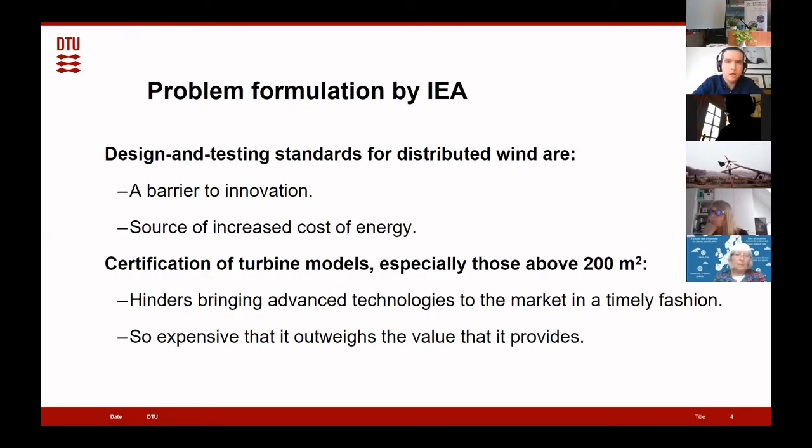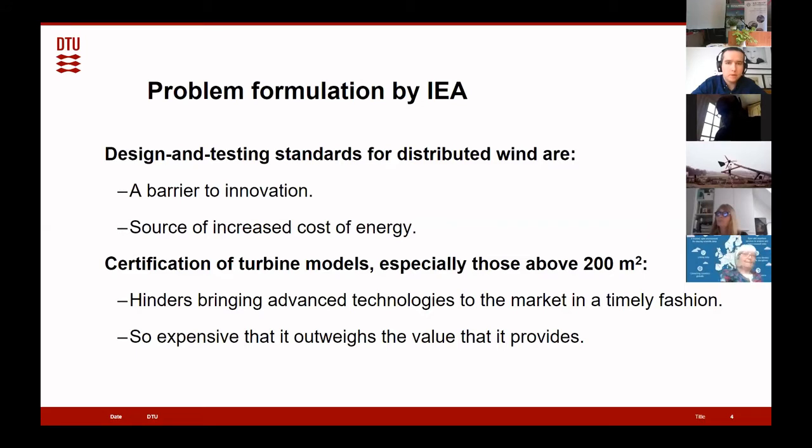Three, namely. So, regarding standards, the problem formulation by the International Energy Agency, in collaboration with international stakeholders, is as follows. Design and testing standards for distributed wind are a barrier to innovation and a source of increased cost of energy, at least as they are set up now.